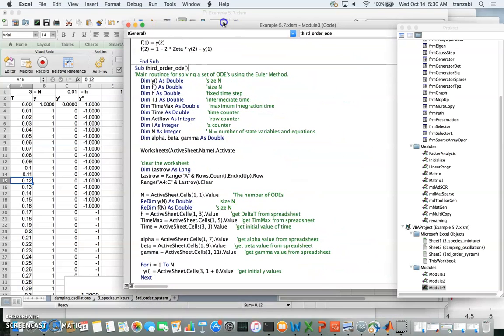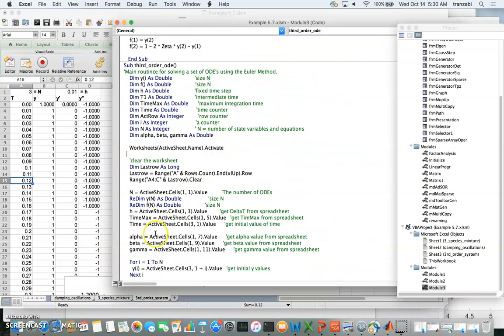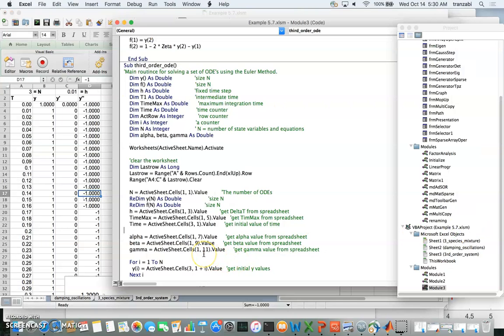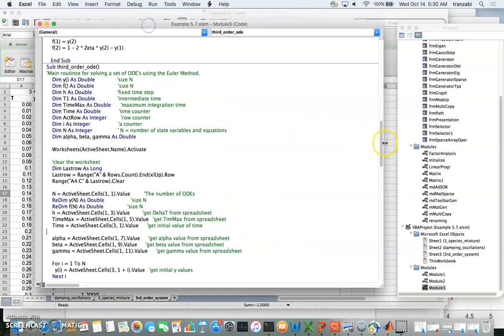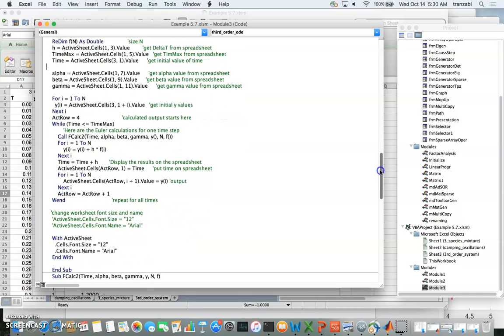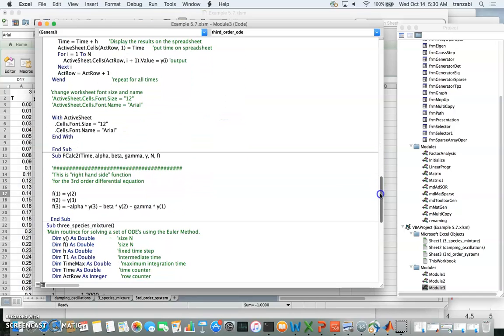Alright, so actually the only difference compared to the three species problem is we read alpha, beta, gamma from the spreadsheet, right? Column 7, 9, and 11 of the first row right here. So we read these constants, and then the rest is the same, nothing has changed except this function.